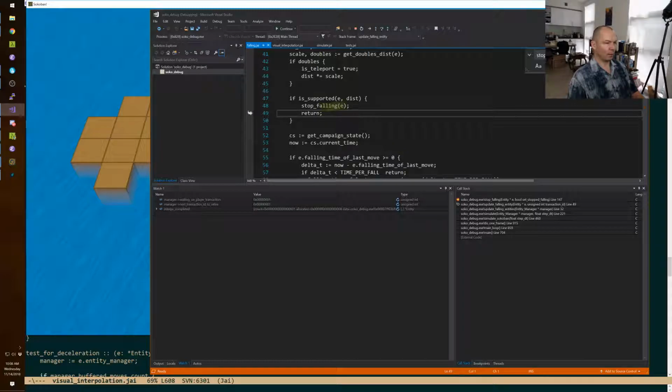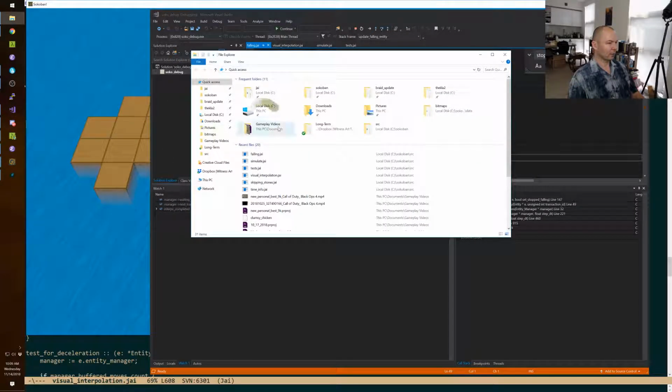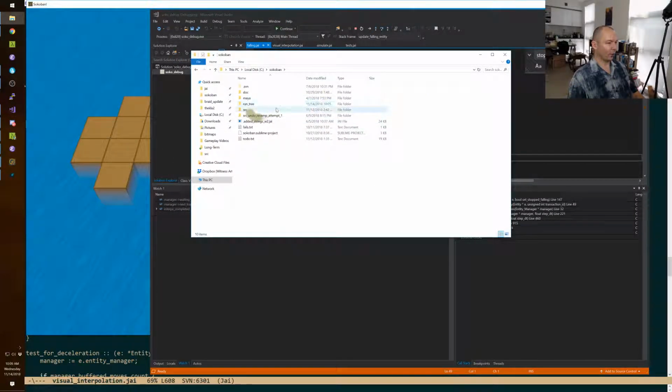Update falling entity is supported. Let's see what this looked like before I edited it, because it was a couple days ago.